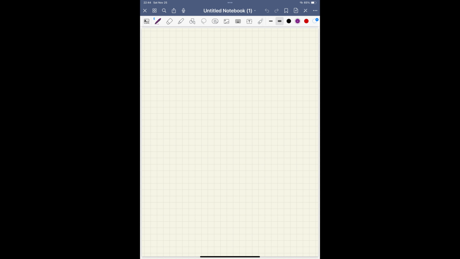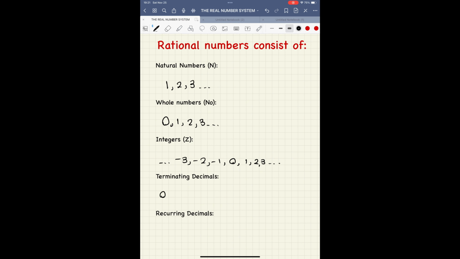For example, you can have maybe 0.6, or you can have 0.8, that's it, or maybe 1.58, that's it. Just as long as they have an ending. I hope you all catch my point, guys.